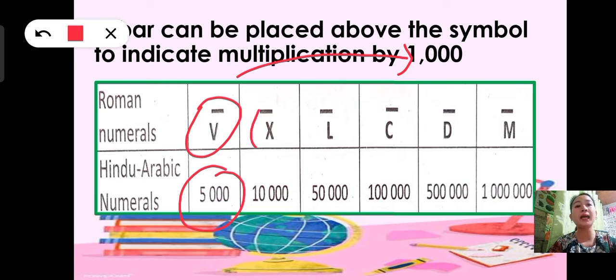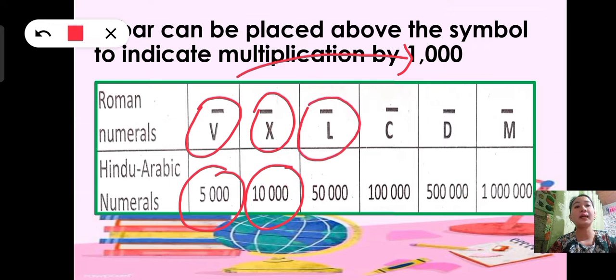Roman numeral X that has a bar on top, in Hindu-Arabic numeral, the value of it is 10,000. Roman numeral X, its value is 10, multiply it by 1000, the result is 10,000.